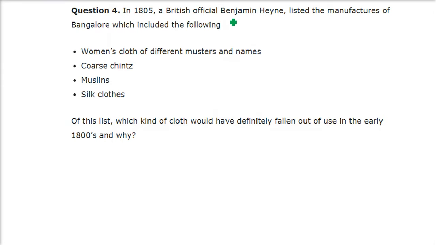In 1805, a British official, Benjamin Hayne, listed the manufactures of Bangalore, which included the following: women's cloth of different masters and names, coarse chintz, muslins, silk clothes. So out of this list, which kind of clothes would have definitely fallen out of use in the early 1800s and why?